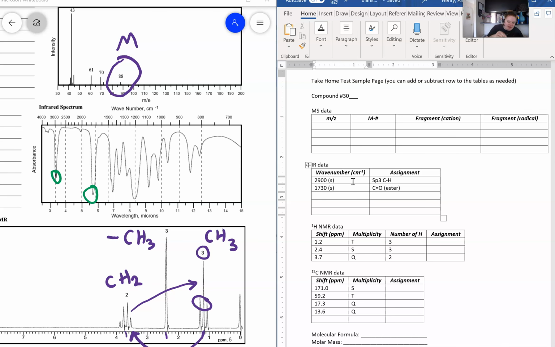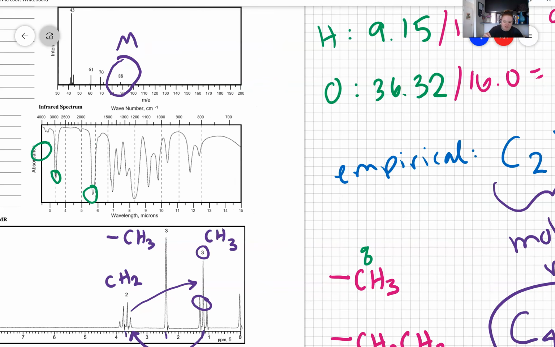And what I mean by that is we don't have an alcohol peak or a carboxylic acid peak over here. So that essentially means we have to have an ester based off of the other information we know. So my IR table is actually done.